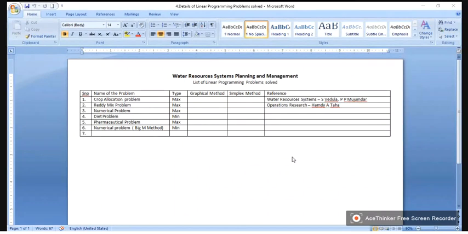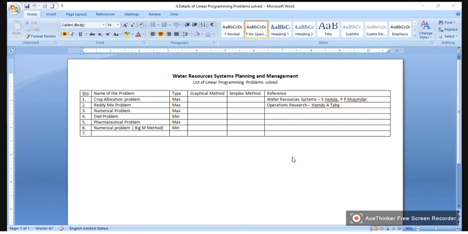So we simply converted the less than or equal type constraints into equality constraints by adding the slack variable to the left hand side. Am I right? Yes, sir. So if all the constraints are less than or equal type, applying simplex procedure is easy.